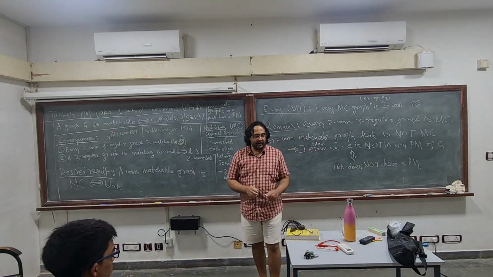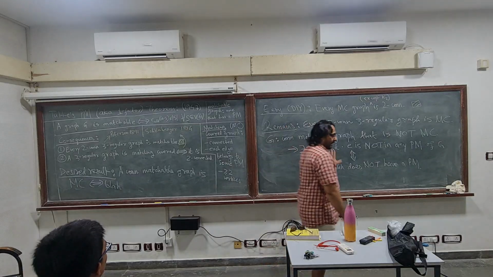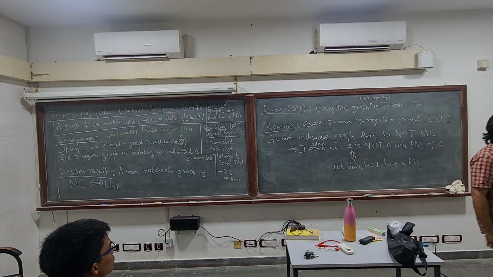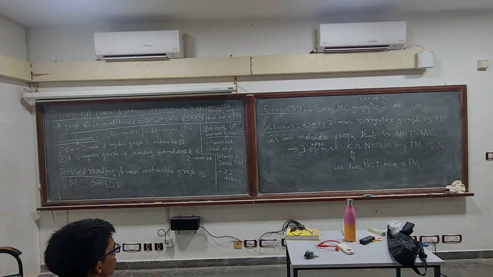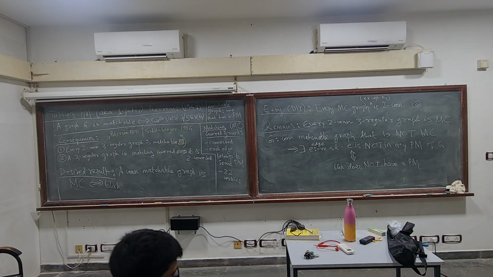The edge not being in any perfect matching is equivalent to saying that a certain graph has no perfect matching. What is that certain graph?